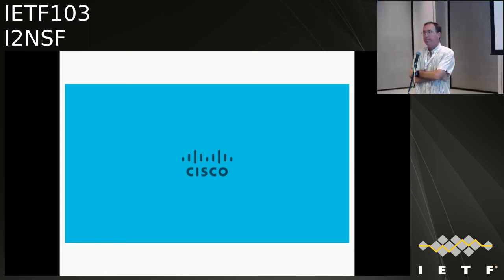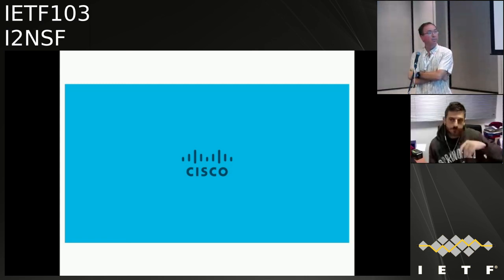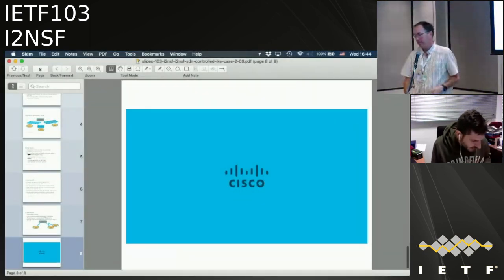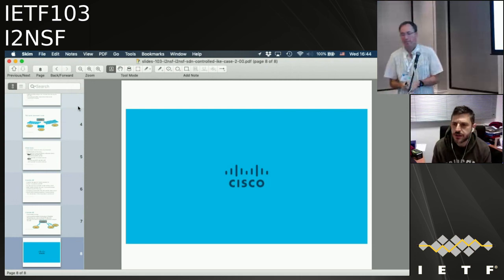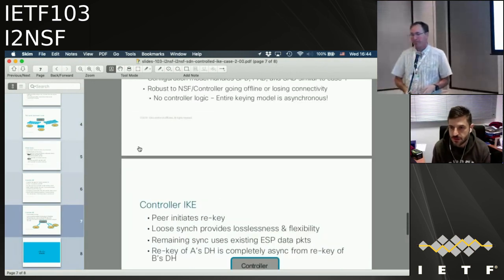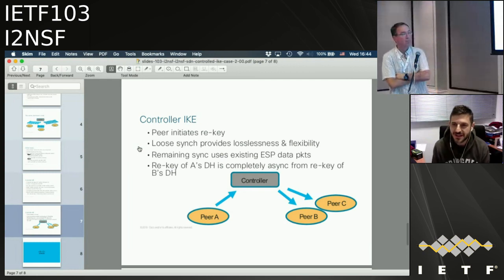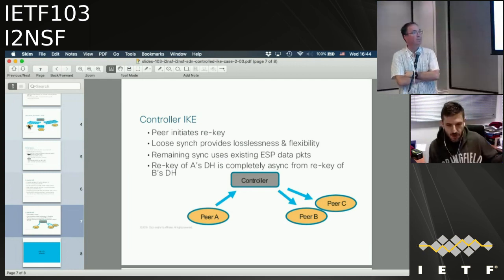Regarding, for example, I don't know the number of the slide, but basically the algorithm we have in the draft is, let's say, the safest mode: we install first the inbound, then the outbound, and everything.